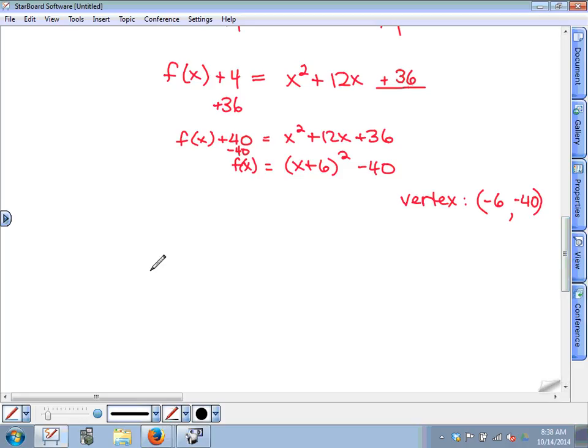Let's get a little more challenging here. Let's do part B. Let's throw a leading coefficient in there. 2x squared minus 8x plus 3.